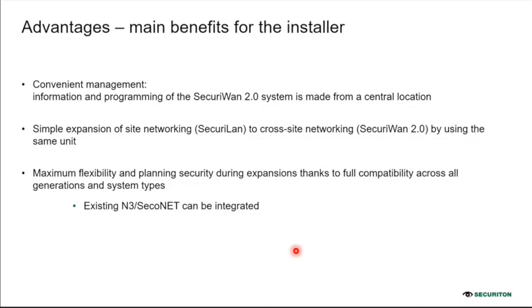We can simply expand our system using the same unit, and we have maximum flexibility for the architecture of the systems. And we also have full backward compatibility, also with the existing installations.